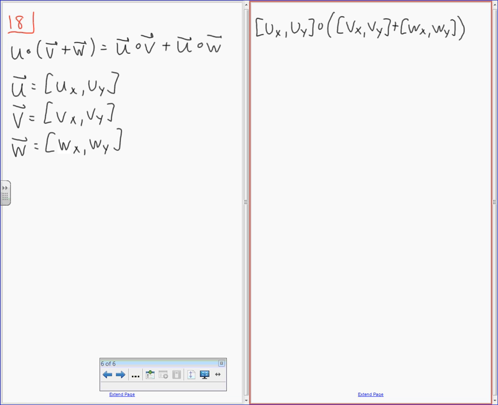Okay, so I just wrote that out. And then what Amy said was when you're adding Cartesian vectors, you just add the coordinates, right? So could somebody other than Amy tell me what the brackets are going to equal, please? Vx plus Wx, Vy plus Wy. Right. So good?